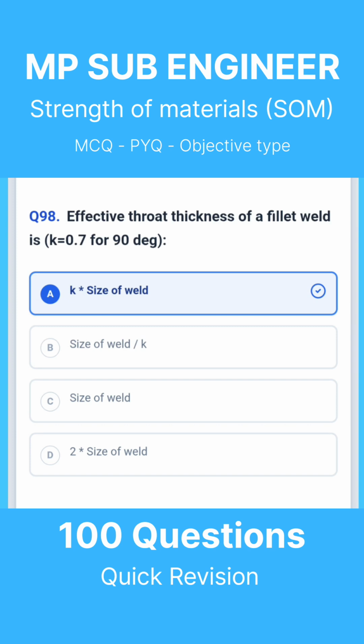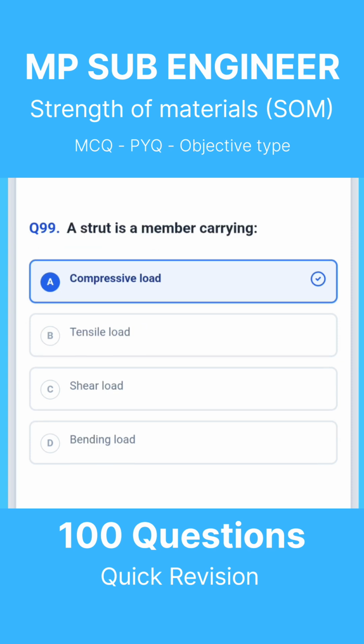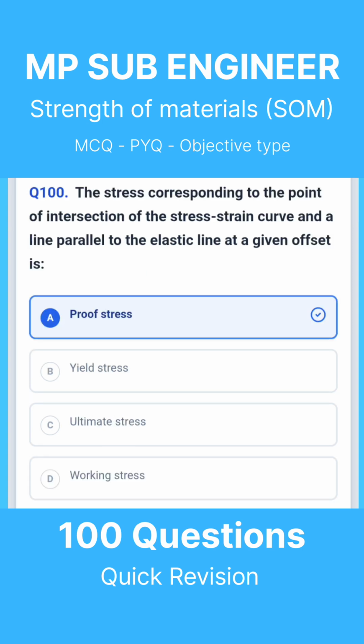The correct answer is K times size of weld. Question 99. A strut is a member carrying. The correct answer is compressive load. Question 100. The stress corresponding to the point of intersection of the stress-strain curve and a line parallel to the elastic line at a given offset is. The correct answer is proof stress.